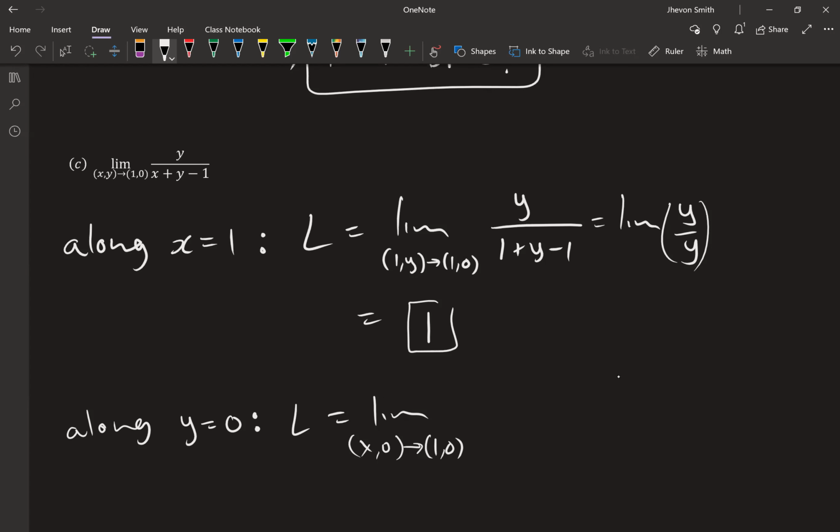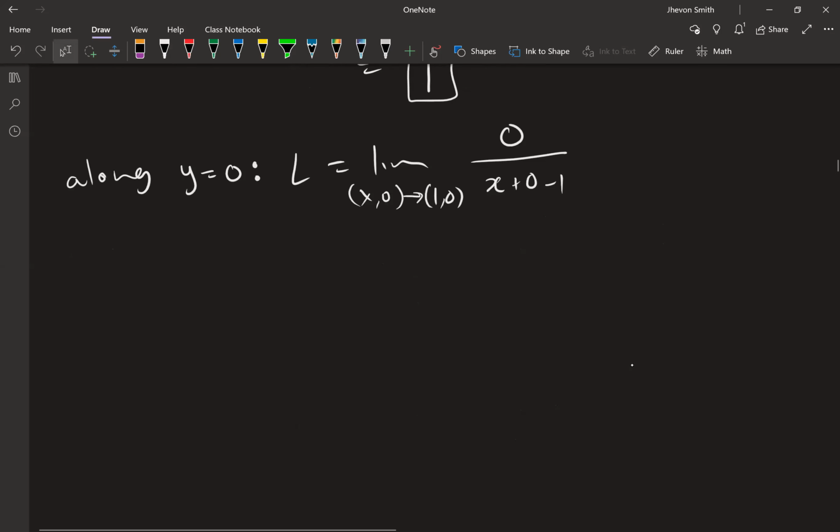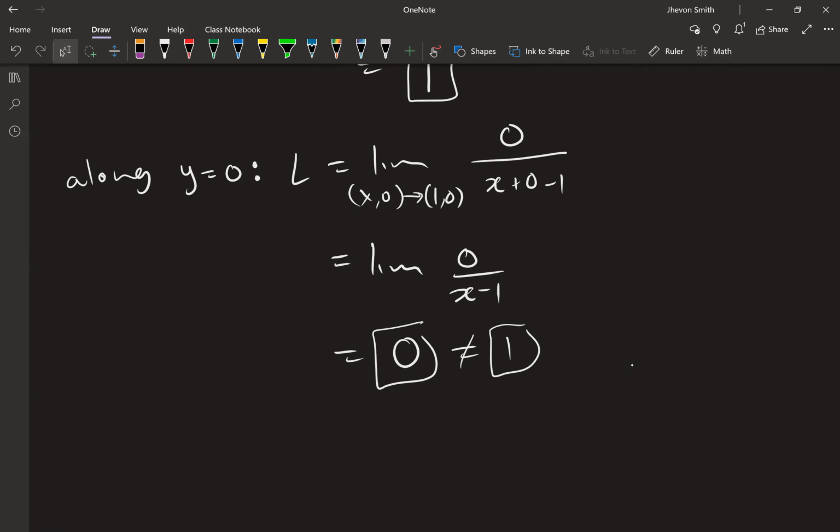So I fix the y to be 0 and my x is inching closer and closer to 1. So plug in 0 for y. And that just looks like 0 over x minus 1. And that limit is 0, which is not 1. Limit does not exist.